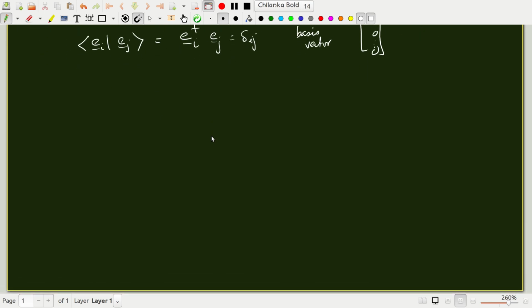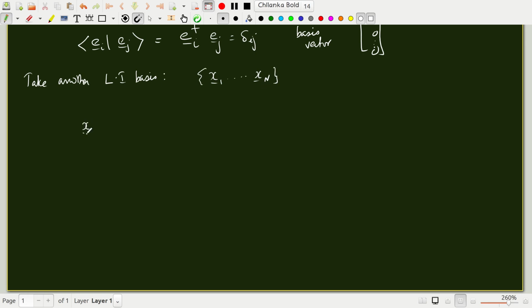Okay, now you can also go to other bases. Take another linearly independent basis, not necessarily orthonormal or orthogonal. Let's call that set x1 to xn.